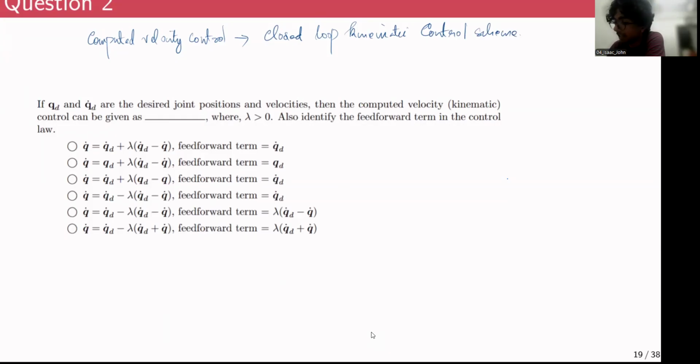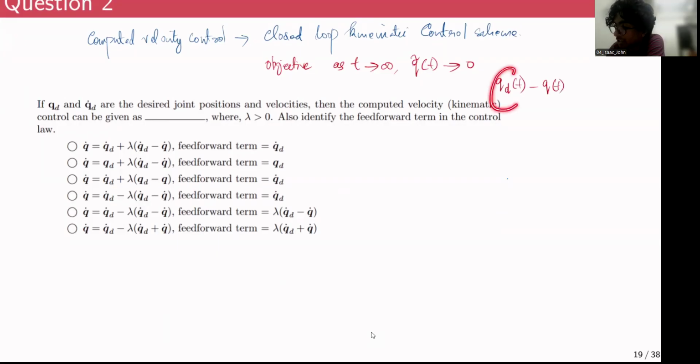Where our objective would be, as time tends to infinity, the error q tilde of t should tend to 0, where q tilde is nothing but q desired of t minus q of t.